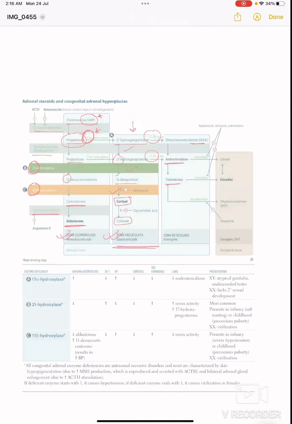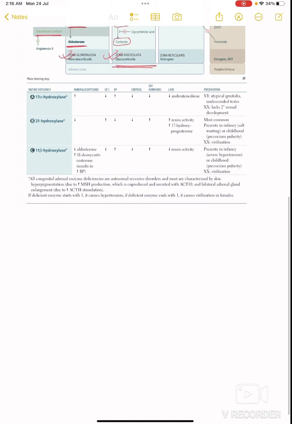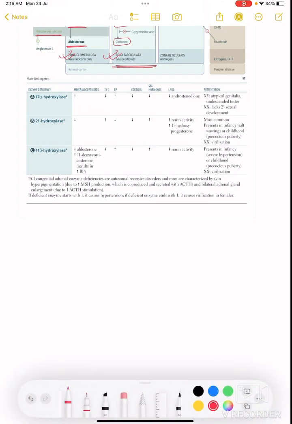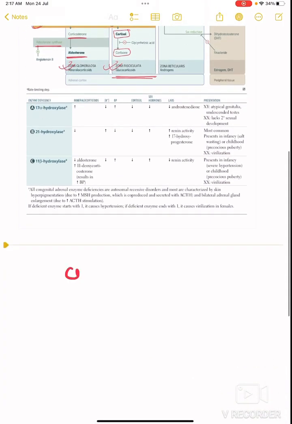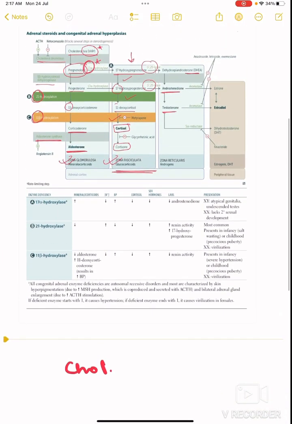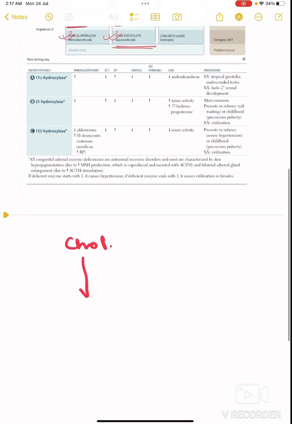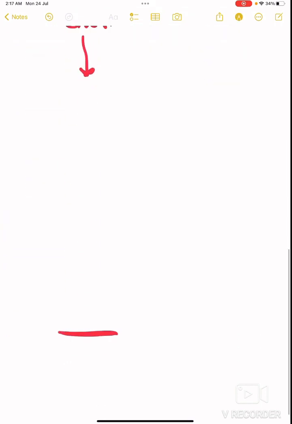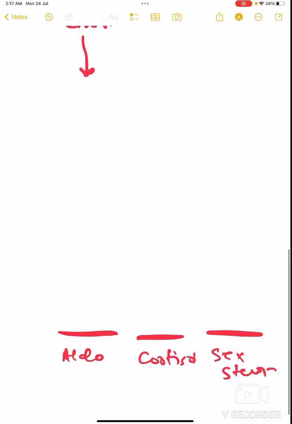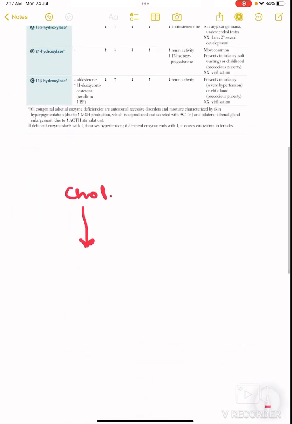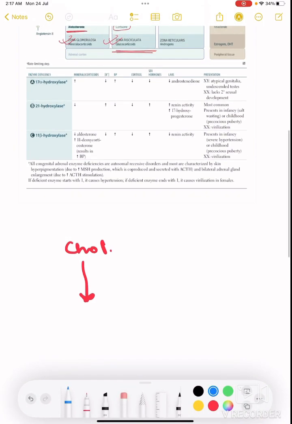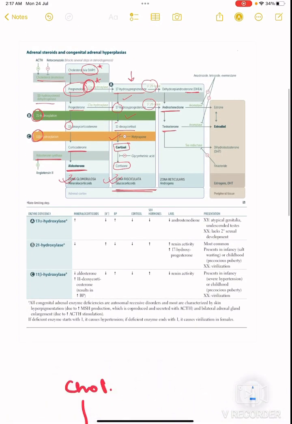So in a very basic form, I am writing the same thing over here again, right? So first of all, cholesterol will come. Then what will happen after cholesterol? There will be three pathways, right? First is the aldosterone pathway, next is the cortisol pathway, and lastly the sex steroid pathway. So in the aldosterone pathway, after cholesterol we get pregnenolone.